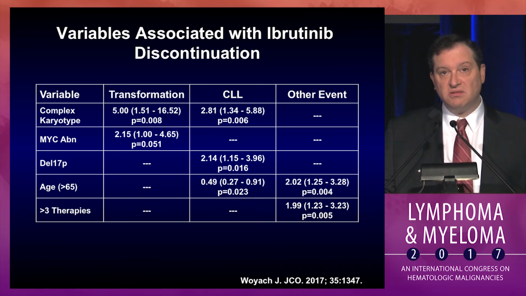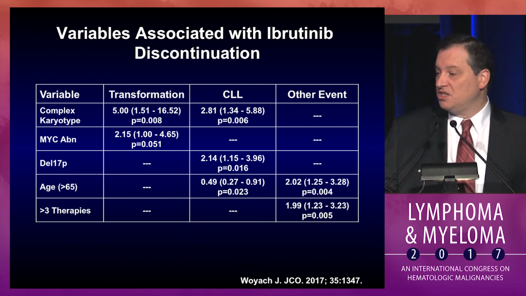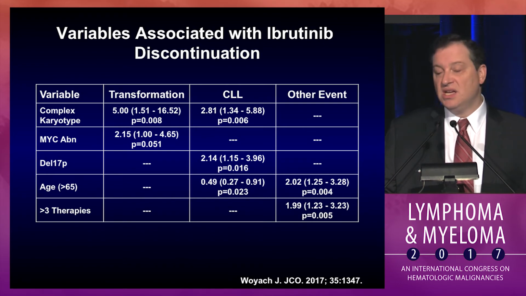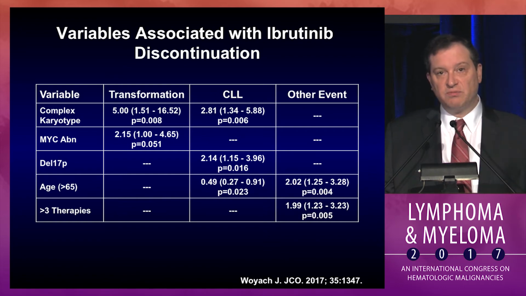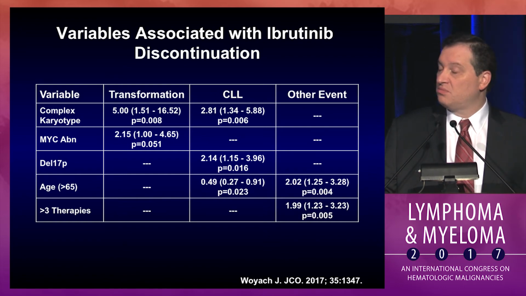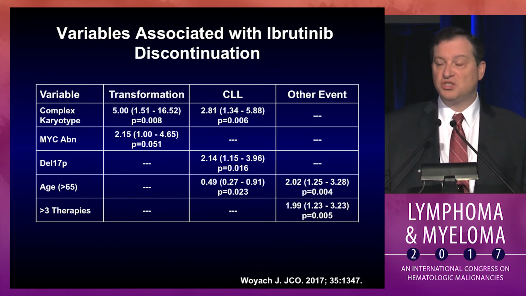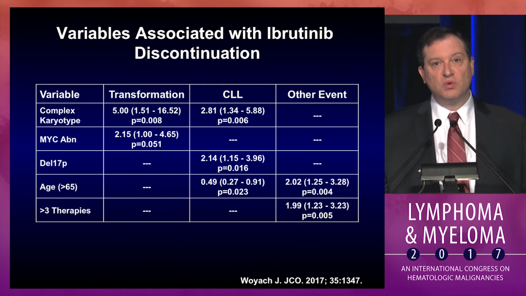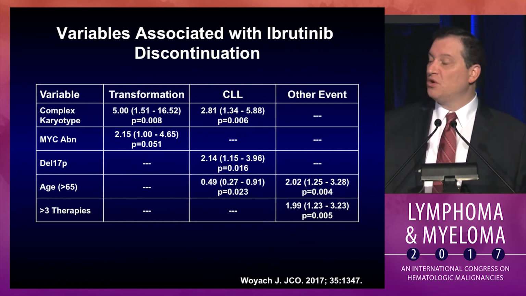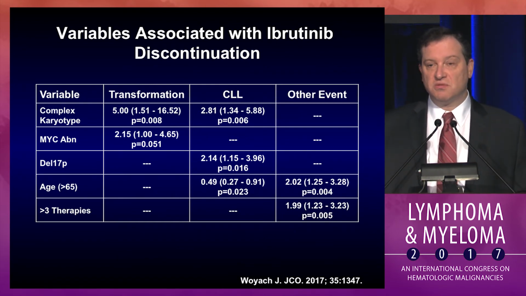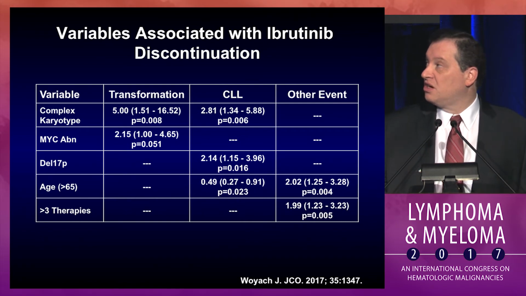For CLL progression, complex karyotype, a deletion of 17p, and age less than 65 stood out as negative prognostic values. So all of a sudden, we have very specific and different values than what we're traditionally thinking of when we look at this huge array of over 70 different prognostic markers that I listed in the beginning of the talk.